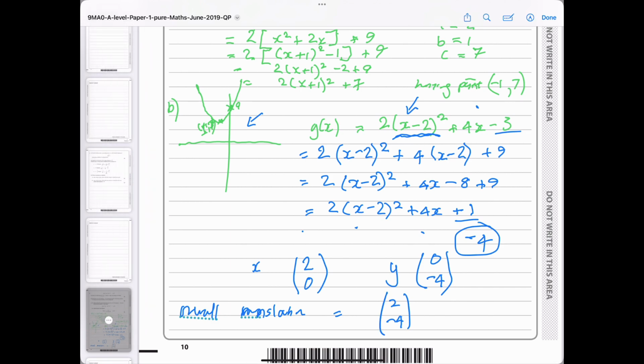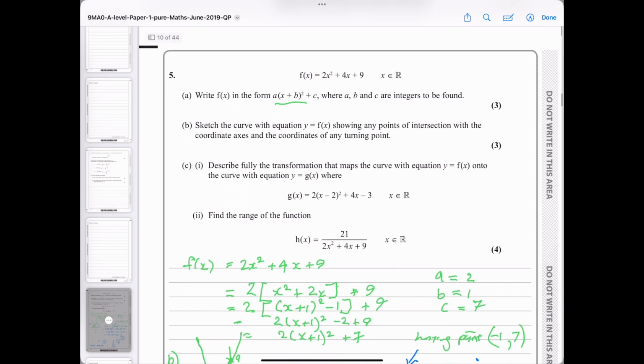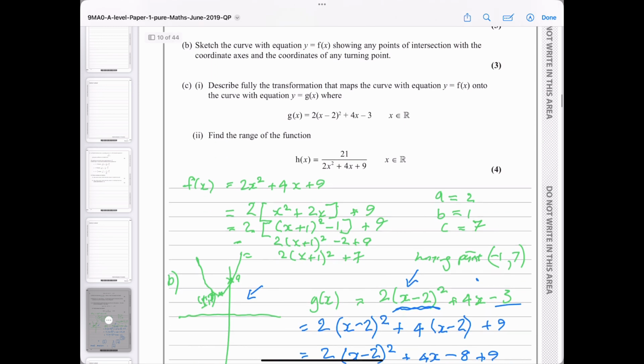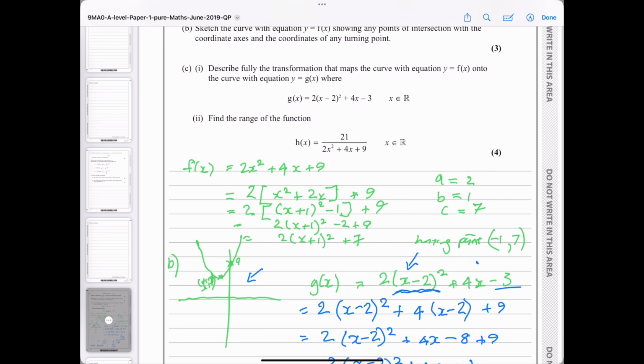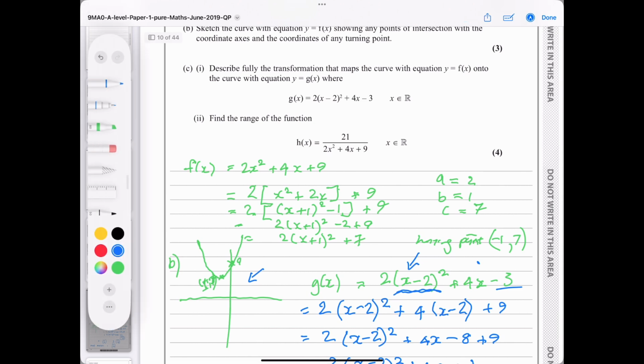Now, the last thing we're asked to do on this is to find the range of the function. So we know that if we put in minus 1, which is the turning point, which is the lowest point, we will get 7. And otherwise, if we put in 0, we'd get 9.